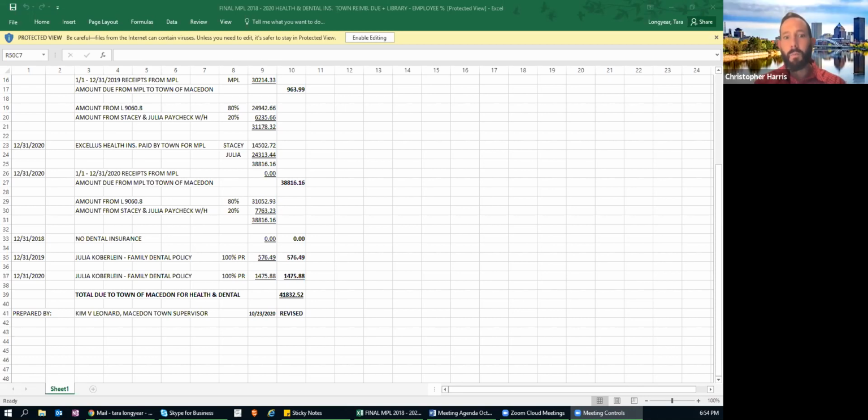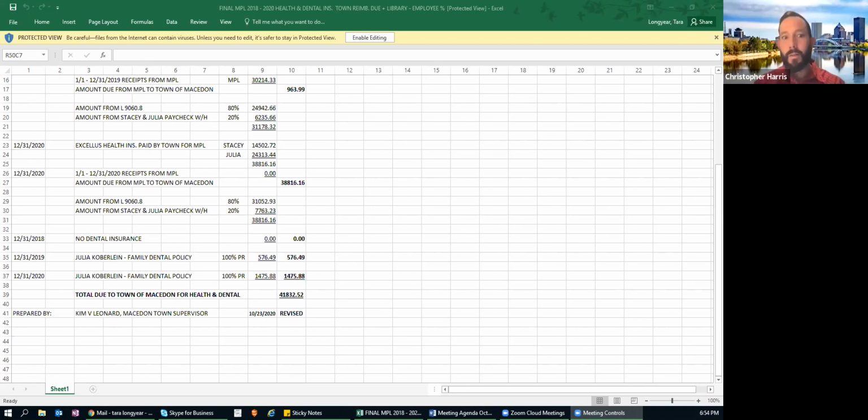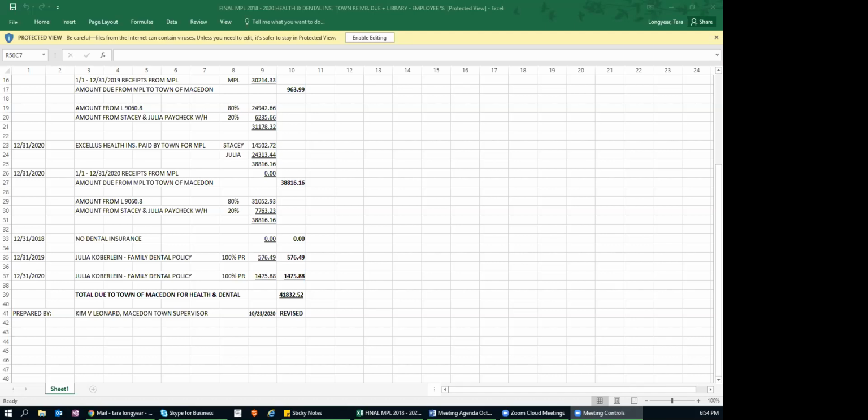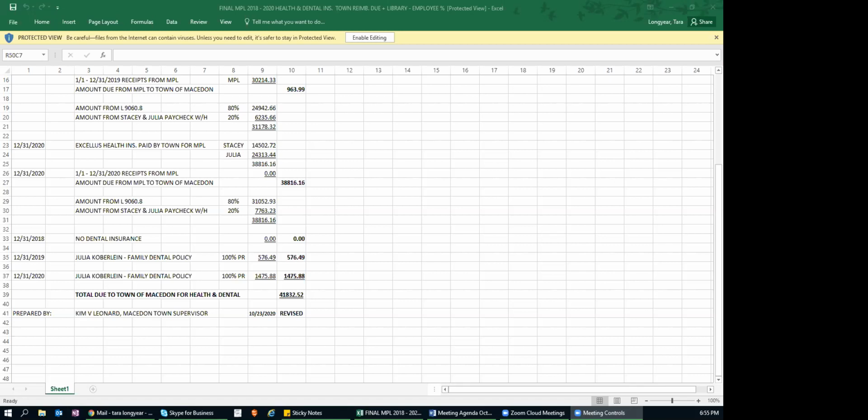So that's like the easiest way to look at it, is just what the town incurred. So they sell us health insurance paid by the town for MPL for both 2019 and 2020, including the dental. If you add all of those up, you get $72,000, and you subtract out what the library has paid, which is just the 30,214. You're left with the 41,832.